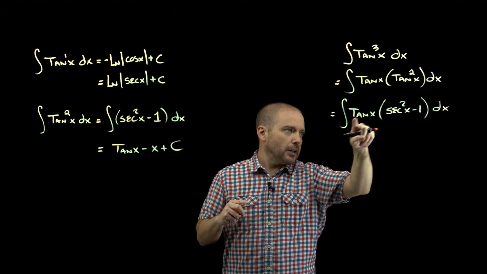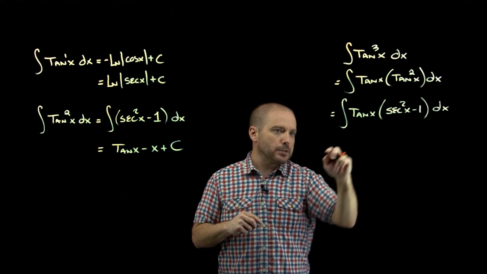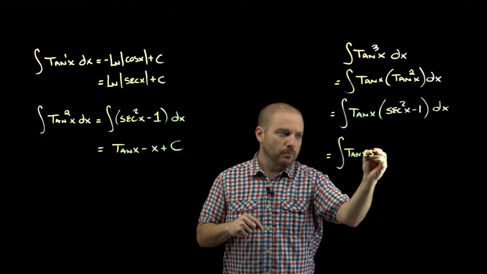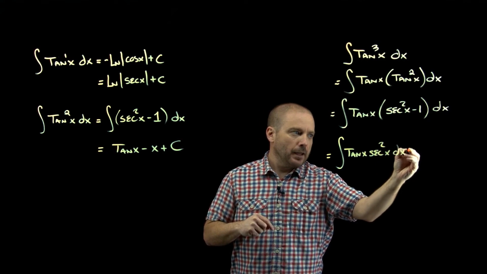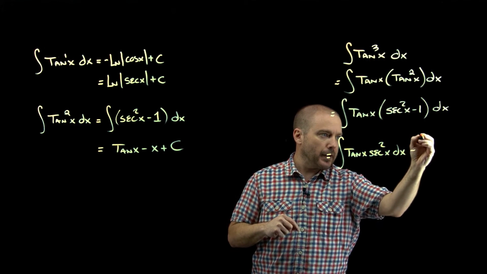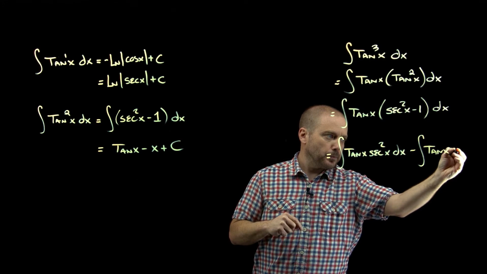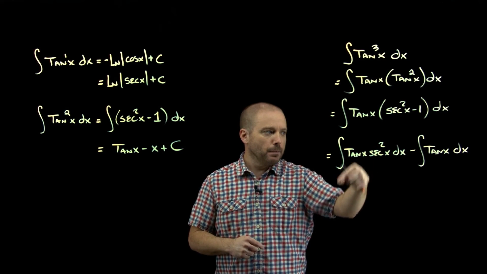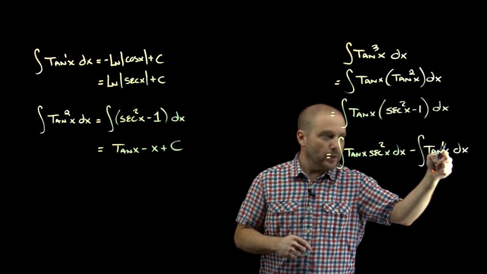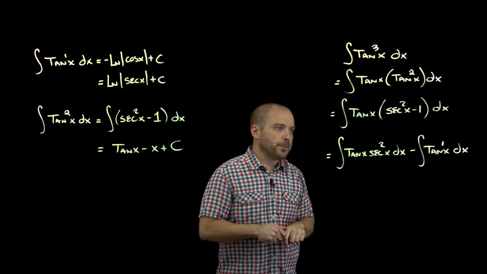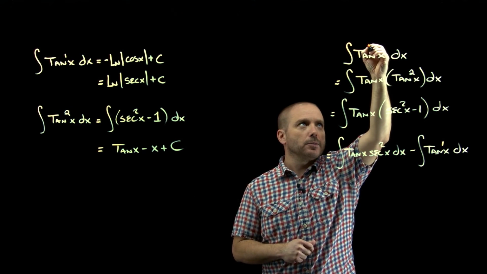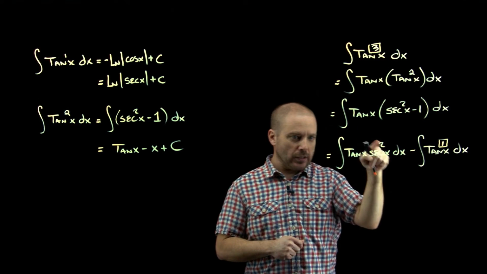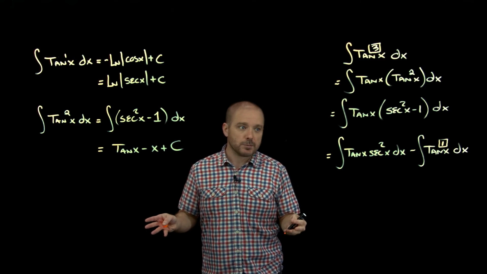So I'm going to distribute the tangent x to both those terms. So you have tangent x times secant squared. That's one of my integrals. And then tangent x times -1, so minus the integral of tangent. Now, this works by U sub, and this is now first degree, which we know how to do. And that's really our power reduction. We reduced a third-degree tangent down to a first-degree tangent, and then this other integral will always work by u substitution.